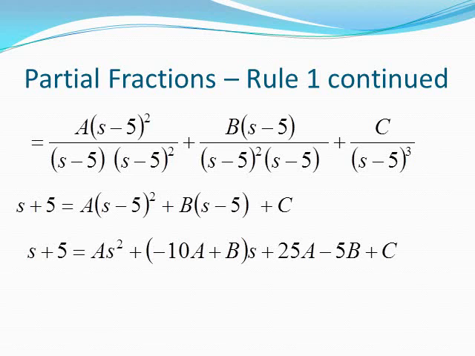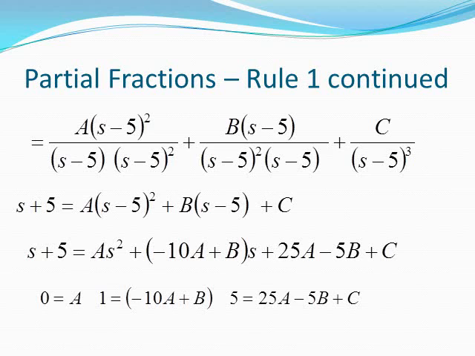We're going to do the same thing we did before, which is look at the coefficients of each power of s and make the left-hand side's coefficients equal the right-hand side's coefficients. So in this case, we find a is 0, minus 10a plus b is 1, and the constants are equal to 5.